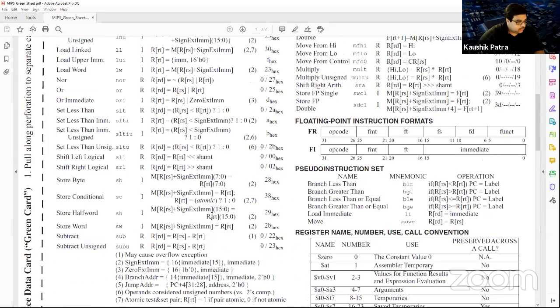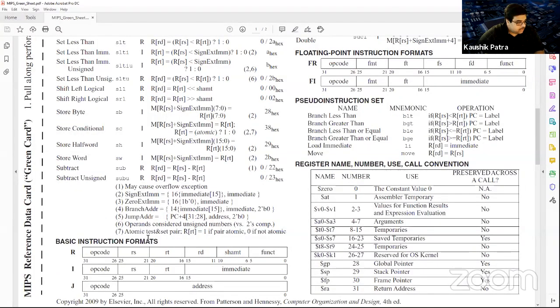And look at the branch address definition here. It is the immediate, and it appends a 2-bit 0. And then 14 bits repeat the MSB of the 16-bit immediate.